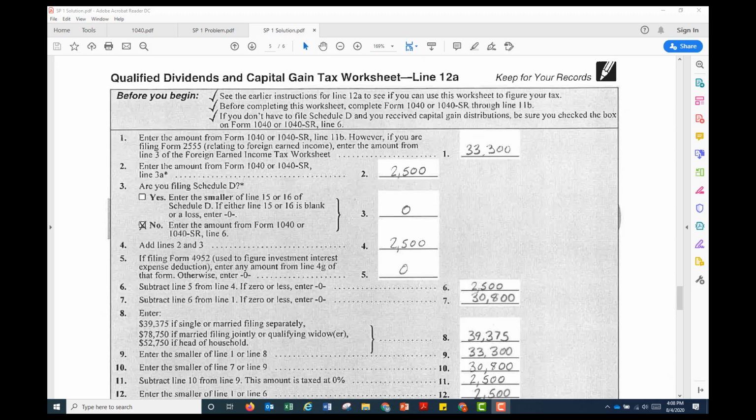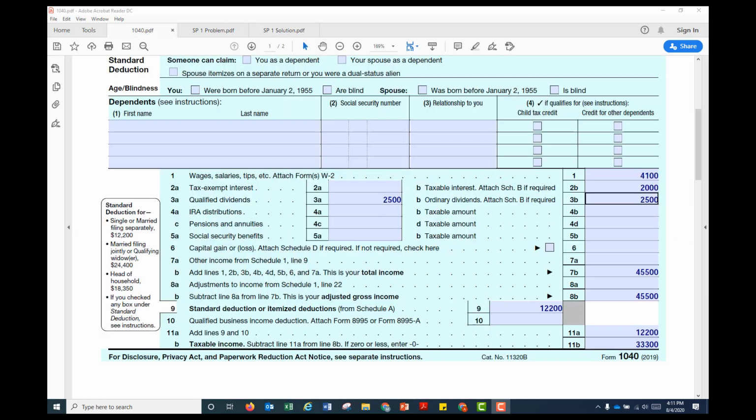Line 7, subtract line 6 from line 1. This is taking the taxable income and minus or excluding the qualified dividends. Then that gets us $30,800. Before we move on, let's take a quick look at Form 1040, page 1. Here's the $33,300 from 11B.